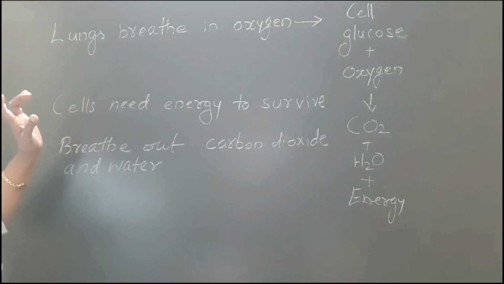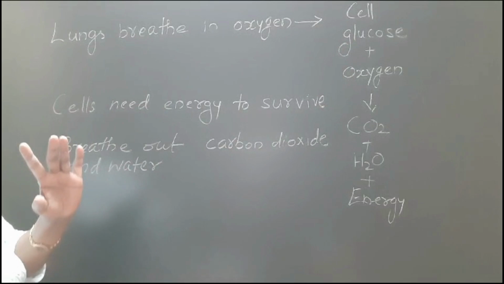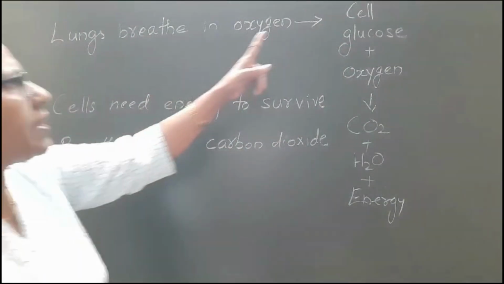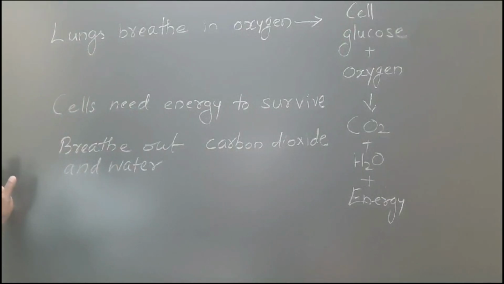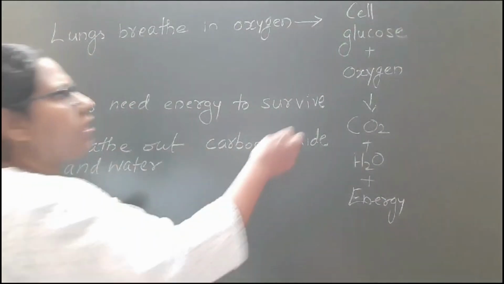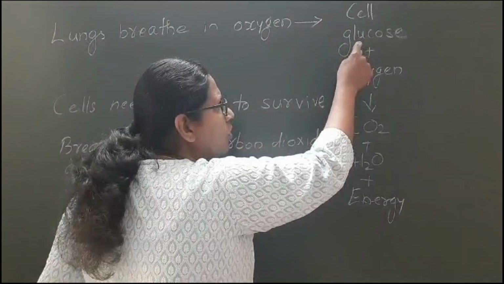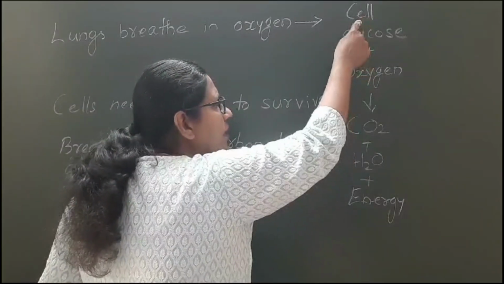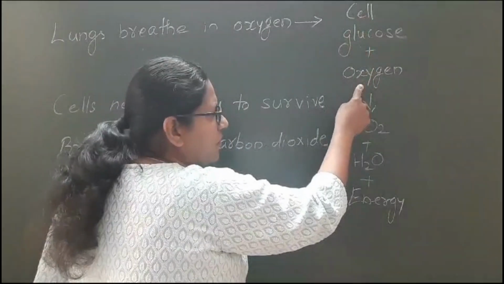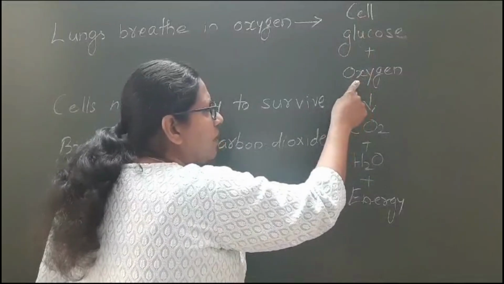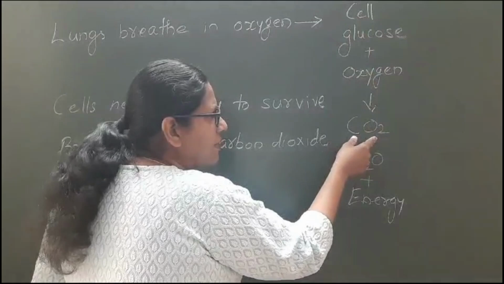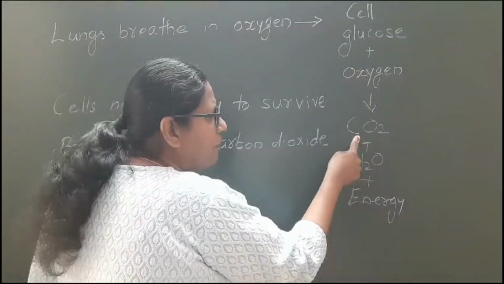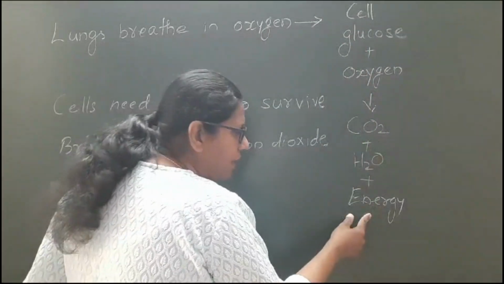Now in aerobic respiration, these cells need energy for their survival. So they break down this glucose, which is already present in the cell, with the help of oxygen, and the products the cells get are carbon dioxide, water and energy.